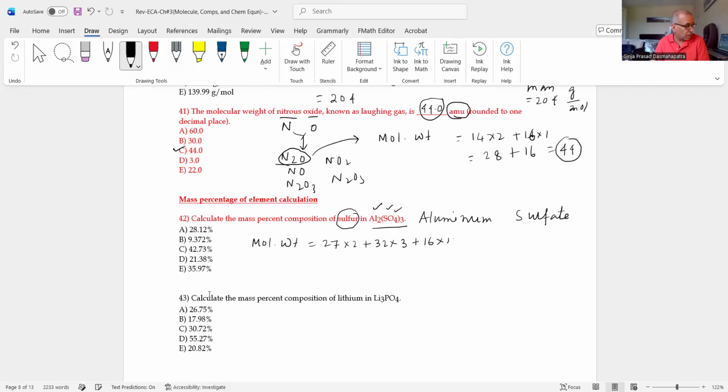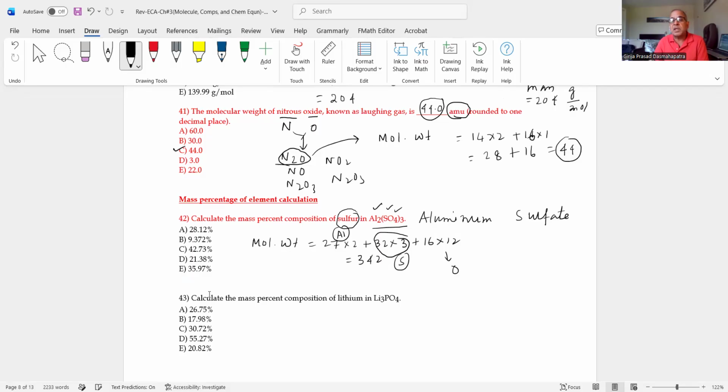So if you look at this, the total molecular weight is 342. You can also say 342 AMU, but normally people just say 342. So what is the relative contribution by sulfur? This is contributed by aluminum, this by sulfur, and this one by oxygen.